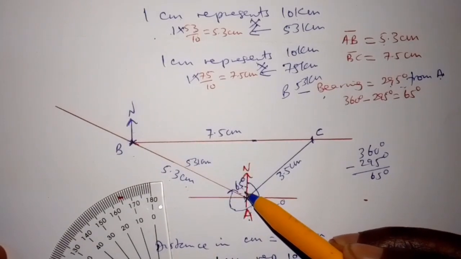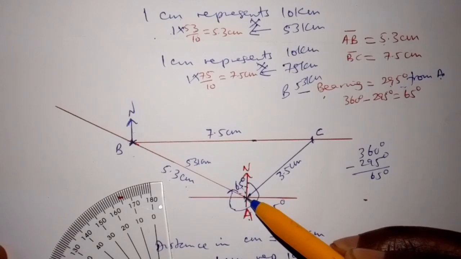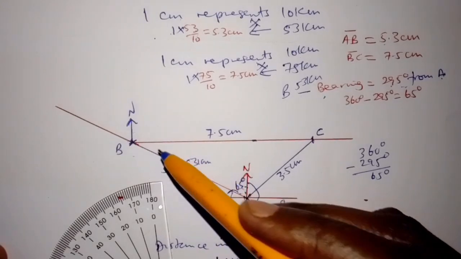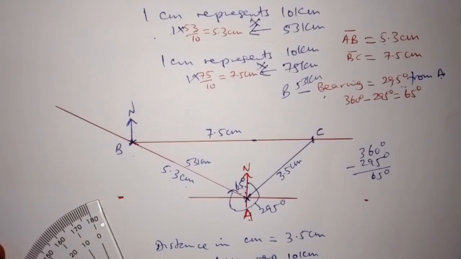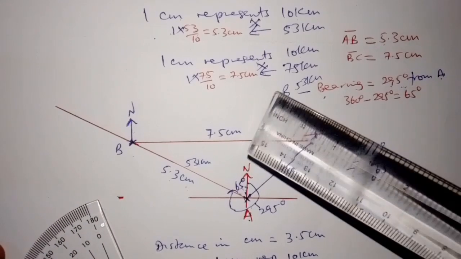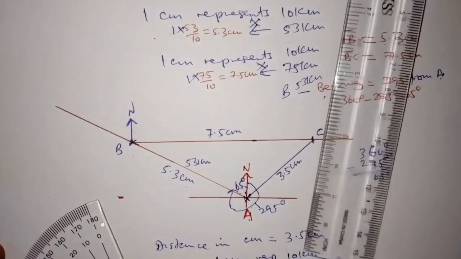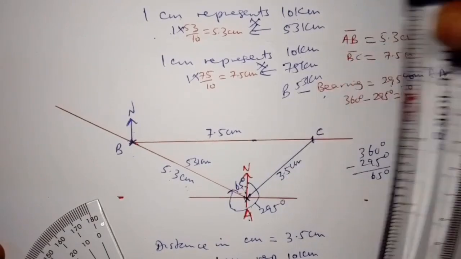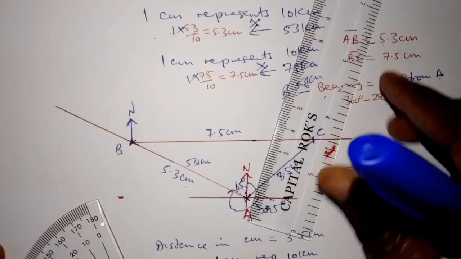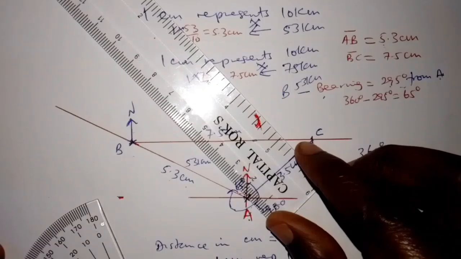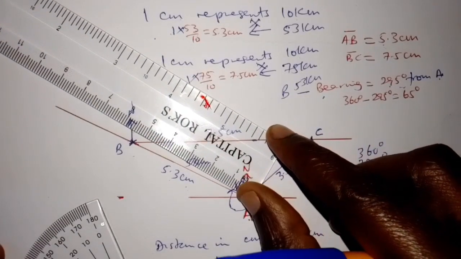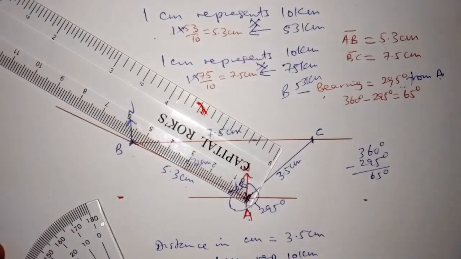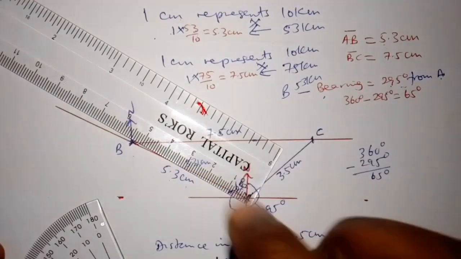The angle is here. So we draw a straight line. Then we use our ruler to get the measurement of 5.3 centimeters. So this is 5.3 centimeters. Then we mark it.